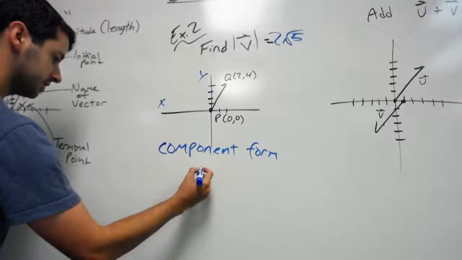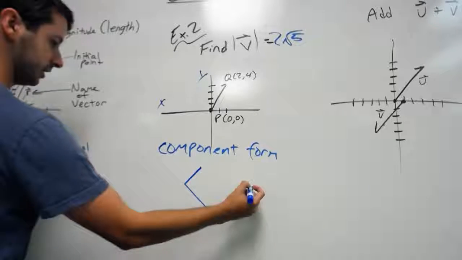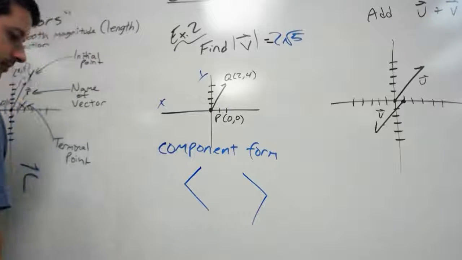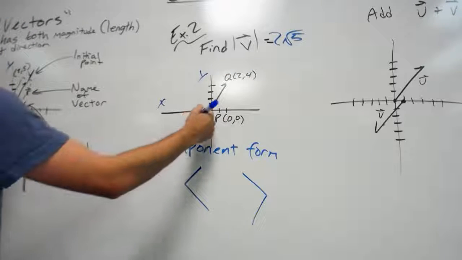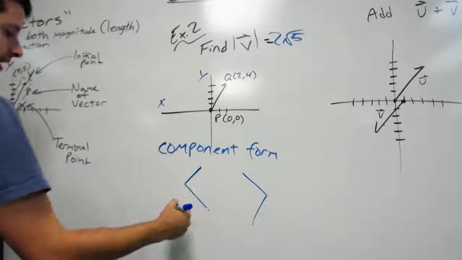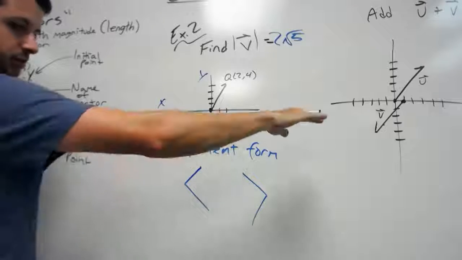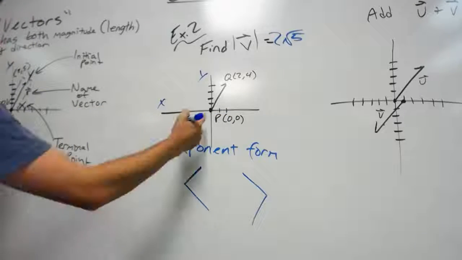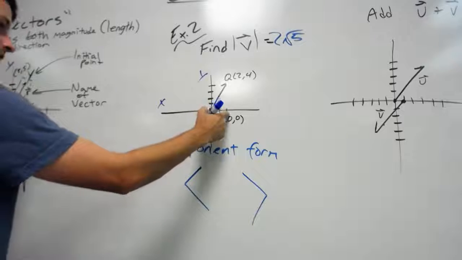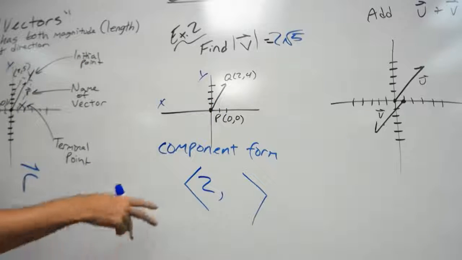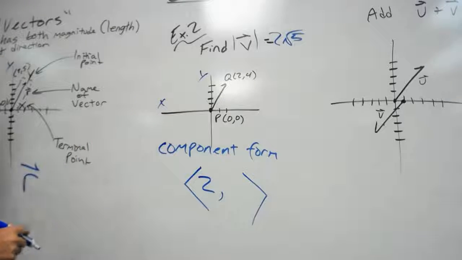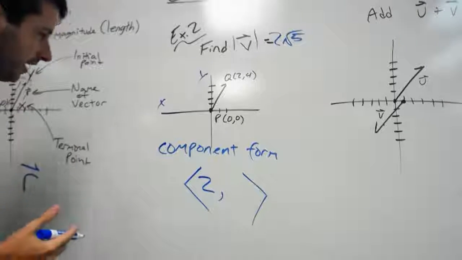well, first of all, we use these arrows. This stands for component form. Parentheses is for coordinates. So since we look at our change in x, how much does it move horizontally? Well, we can see here that it moves 1, 2 horizontally. So I'm going to put 2 in the, I wouldn't call it the x slot, but more of the change in x spot.